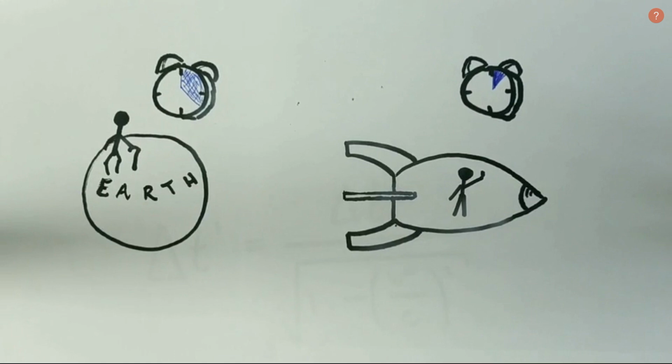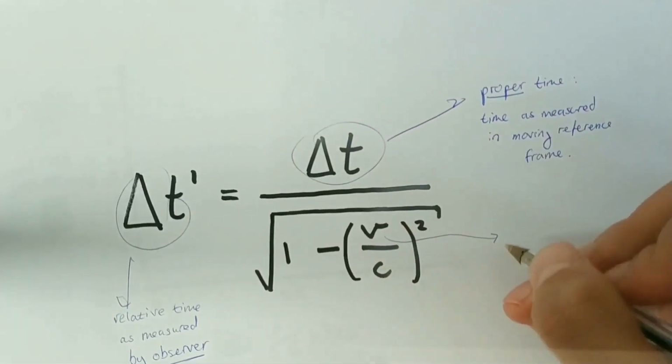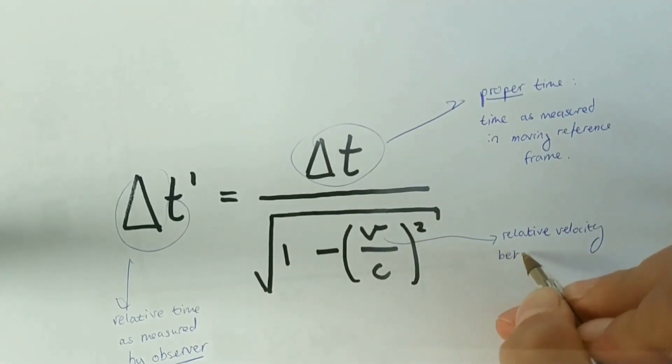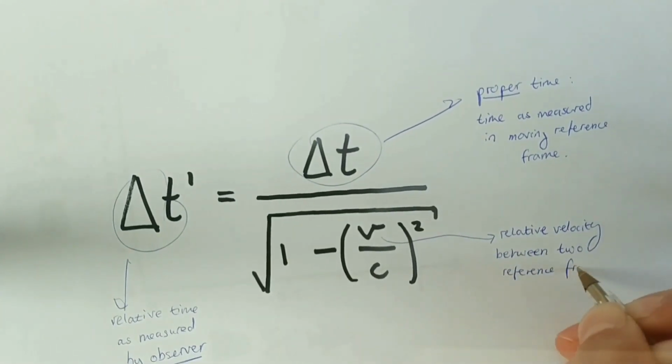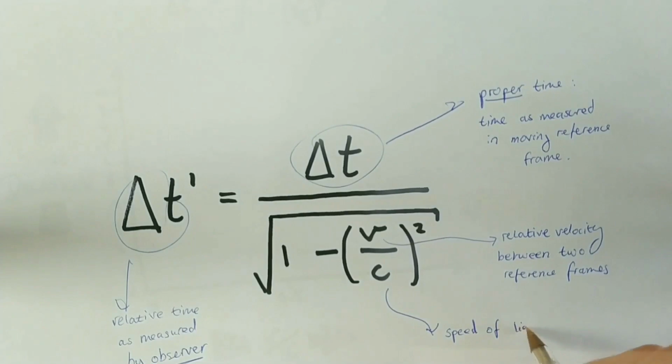So the time that elapses for you as an observer is said to be T prime, whereas the proper time that passes in the rocket is said to be T. V here is the relative velocity between two reference frames, and C is defined to be the speed of light.